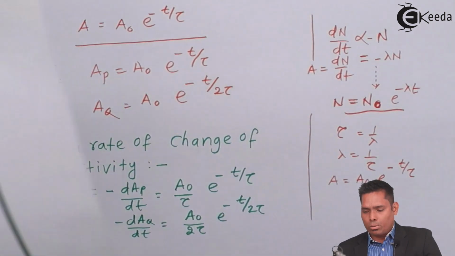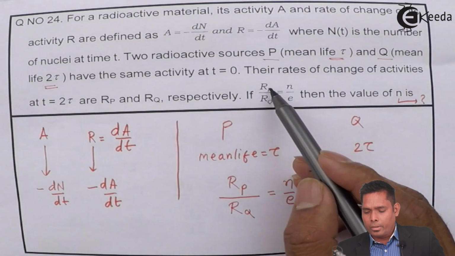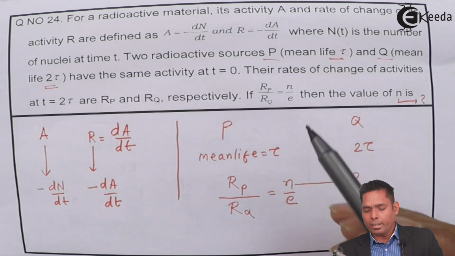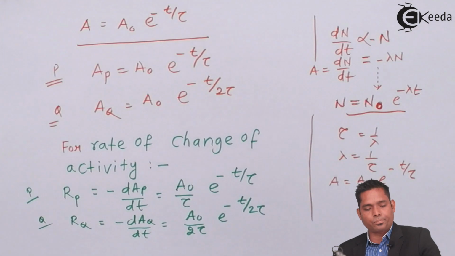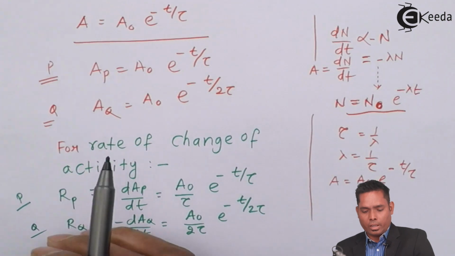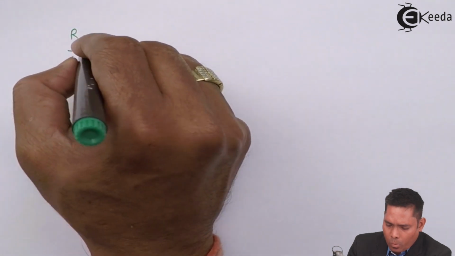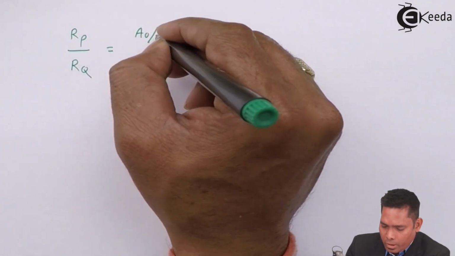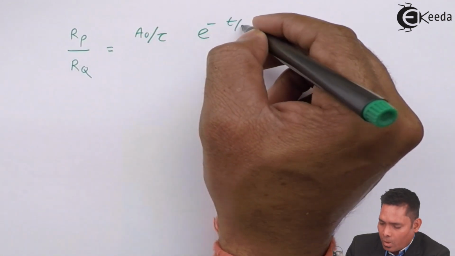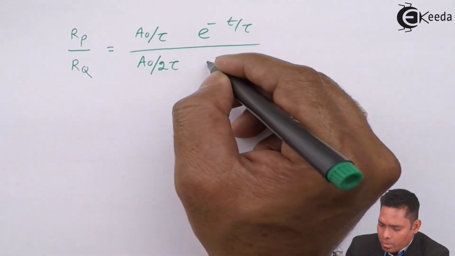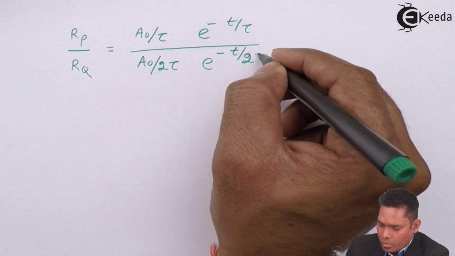Now the question is to find the ratio RP over RQ. So let us find this ratio and see what we are getting. If I divide these two equations, RP over RQ equals A naught over tau e raised to the minus t by tau, divided by A naught by 2 tau e raised to minus t by 2 tau.